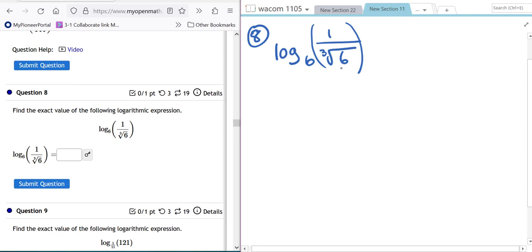You see the 6, so you're going to be able to get there. For it to be in the denominator, remember that's a negative exponent, and it has a root that is a fractional exponent. So we need to rewrite this piece that we're taking the log of. So the log base 6 of 6 to the negative 1/3. The negative 1, the negative puts it to the denominator. The 1/3 gives you the radical down there. Right? And then the answer will be negative 1/3 once you get these bases the same.